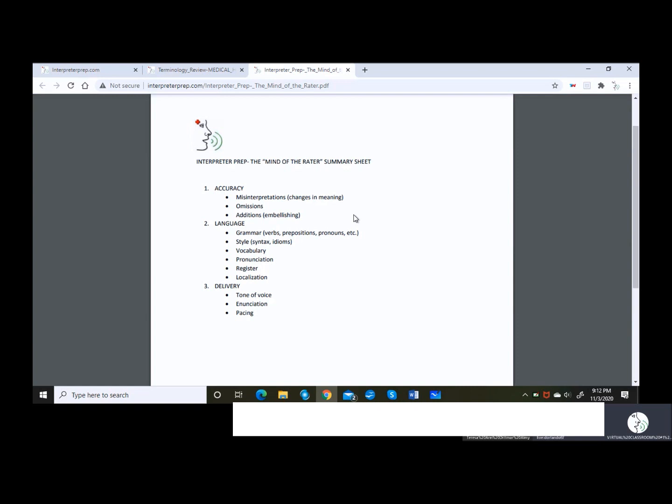Now, I want to say to you that not all additions are wrong, in my opinion. Sometimes an addition is necessary in order to avoid a confusion. For example, you might be interpreting for primary care or for a gynecologist who is discussing contraceptive methods with a female patient and saying that if she's forgotten to take 2 or more pills, to please use foam.